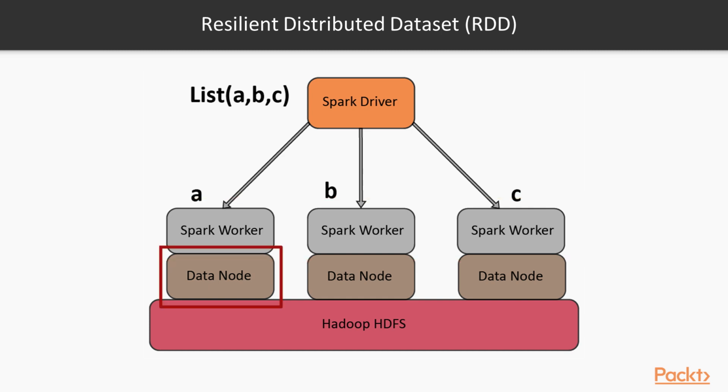Element A will be sent to Spark worker first, element B to Spark worker second, and element C to Spark worker third. And each of those workers will execute some computing on those elements independently, in parallel.